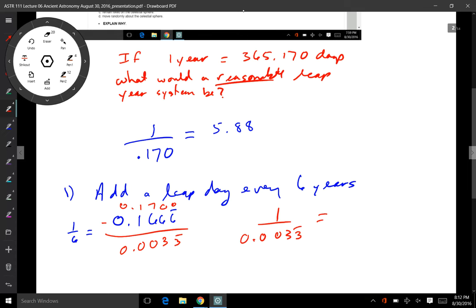If it was 0.33 repeating, that would be 1/3. 0.033 repeating is 1/30th. This is 1/300th. What does that mean for my leap year system? Add a day every 300 years.